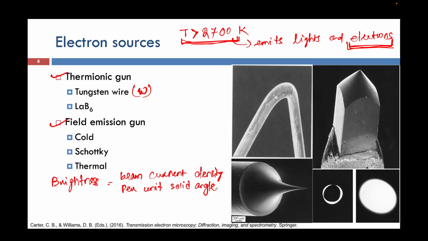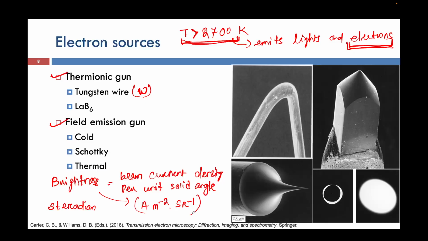Okay, and what is the unit of solid angle? The unit of solid angle is steradian, right? And the unit of brightness is ampere per meter square per steradian.